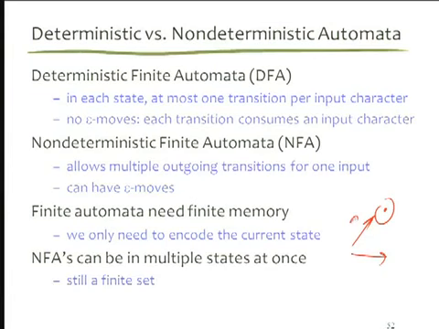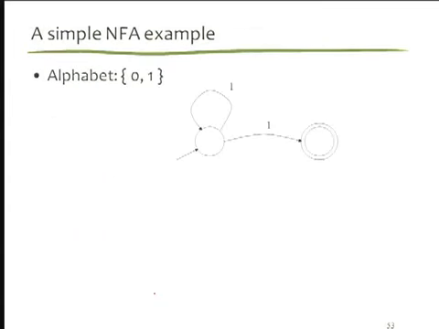Or you could think of it as you are trying to be in multiple states at once. You're sort of trying all these alternatives simultaneously, see which one of them will pan out and manages to consume the string. Okay? It's still a finite set because the number of states you can be in is finite. So that actually saves us quite a bit. You'll see. Okay. So what strings does this consume?